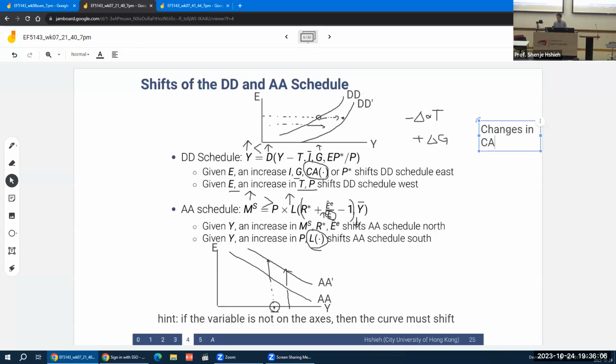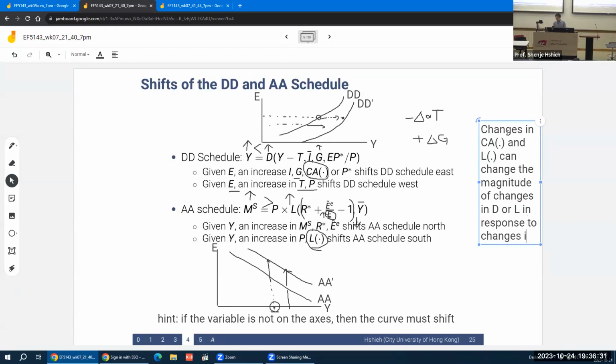Changes in CA and L can change the magnitude of changes in D, or the magnitude of L, in response to changes in input parameters, right?